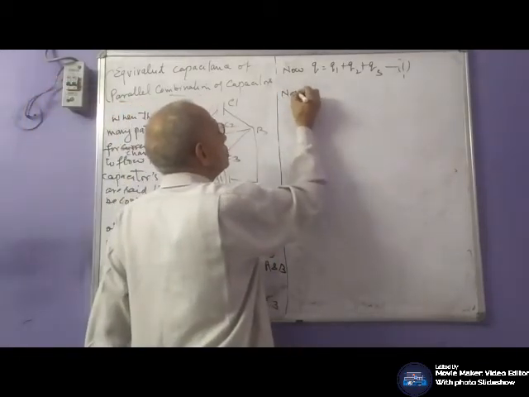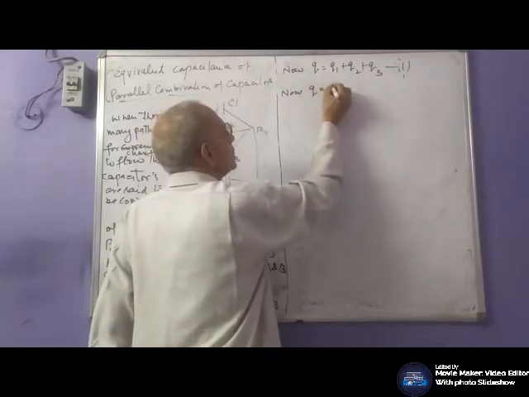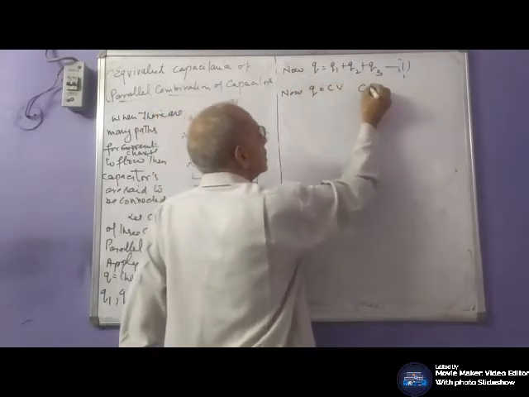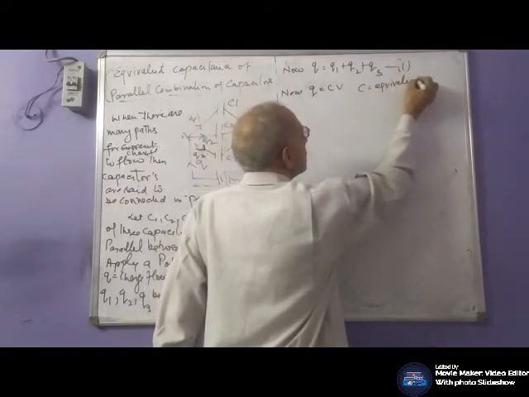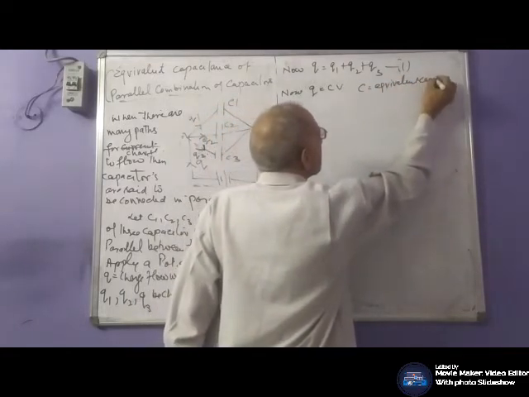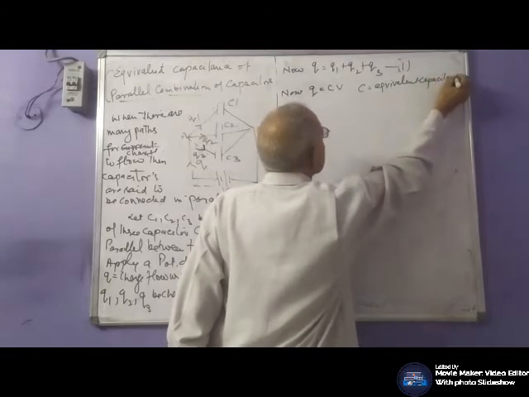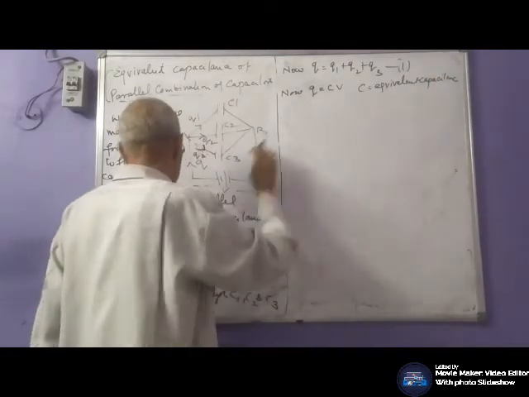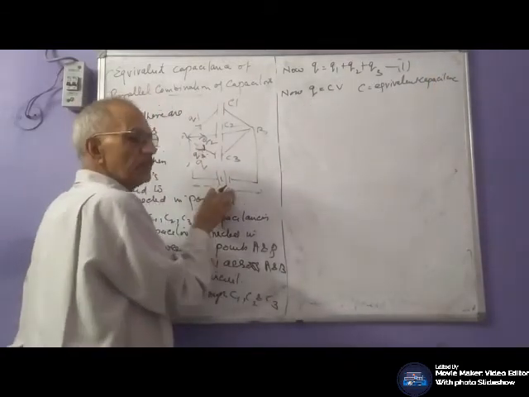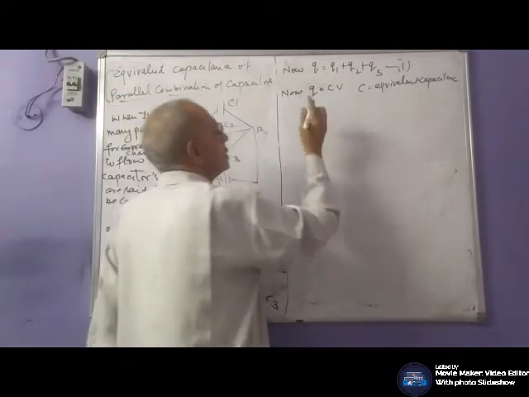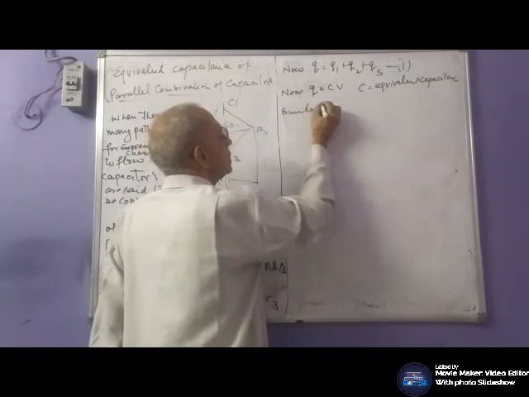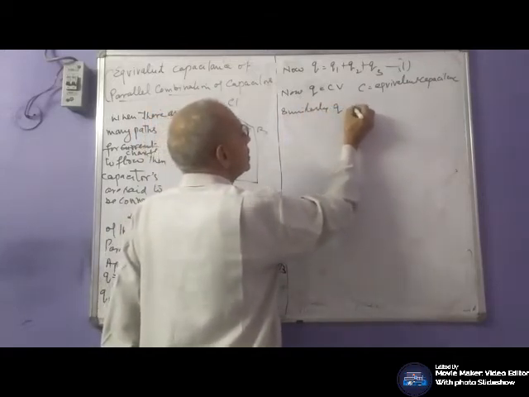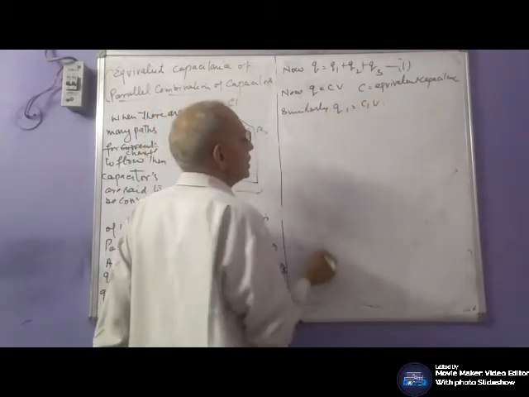Now Q equals C, the equivalent capacitance, times V, the voltage applied. Similarly, Q1 is C1V, potential same.